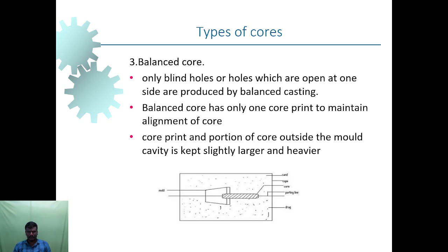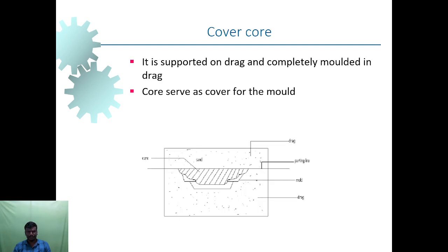The next, the balanced core. Only plain holes or holes which are open at one side are produced by balanced core. Balanced core has only one core print to maintain the alignment of the core. The core print and the portion of the core outside the mold cavity is kept slightly larger and heavier.